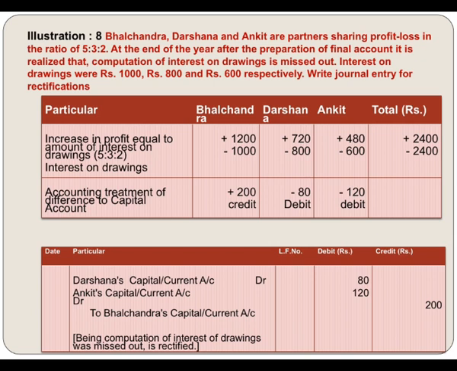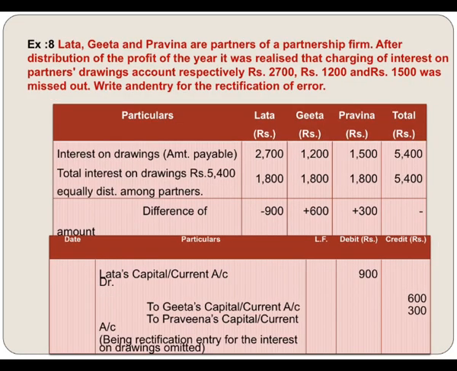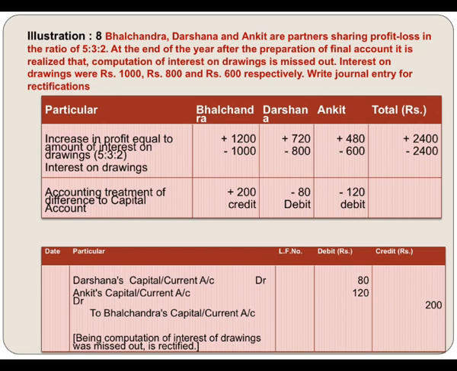Okay, so remember one important point: interest on drawing is income for the firm and expense for partner. So first we increase the equal amount in profit.